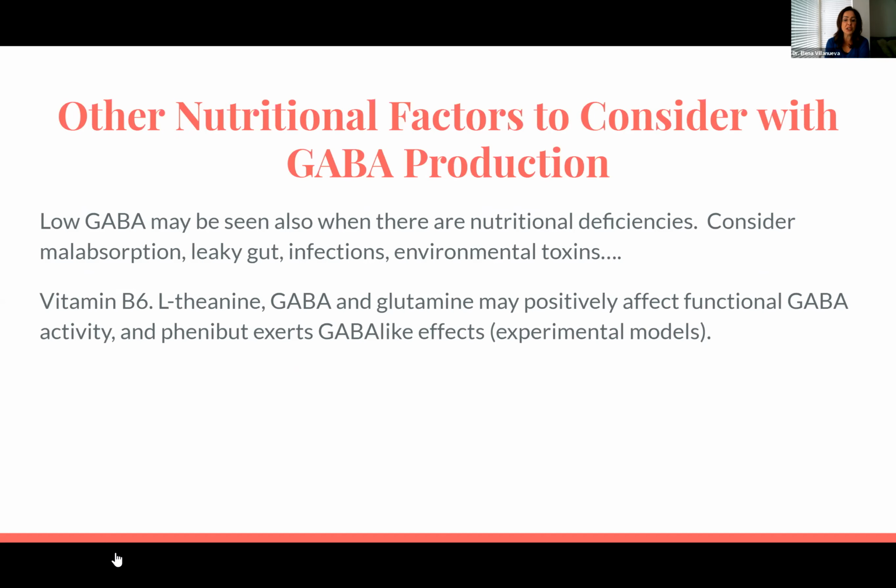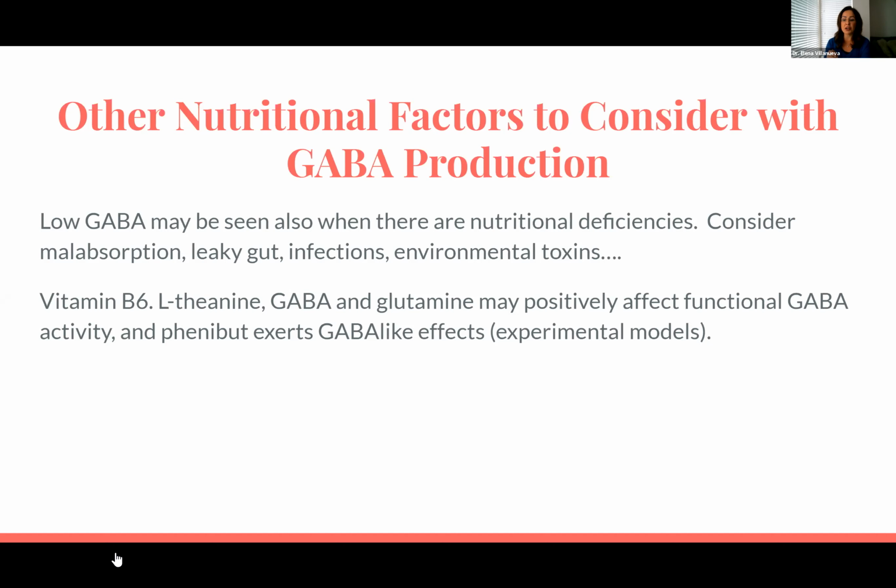If we are deficient in different vitamins or minerals or amino acids or even fatty acids, so B6, L-theanine, GABA, glutamine, we want to look at a lot of these other nutrients that we need that help drive the conversions and production of GABA levels.